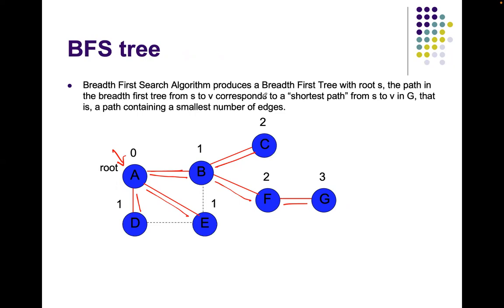The dist value for each node will correspond to a shortest path from S to V in the graph. So if you have an undirected graph, you can find the shortest path for every node from a single source using breadth first search traversal.